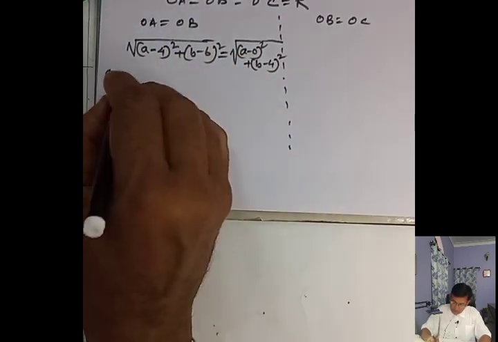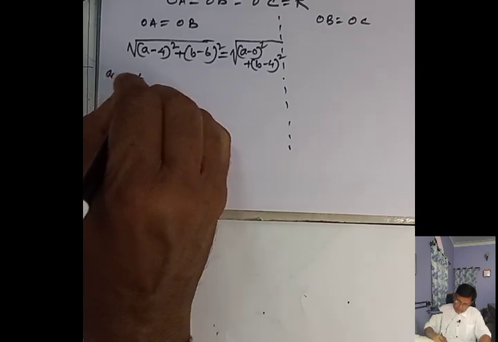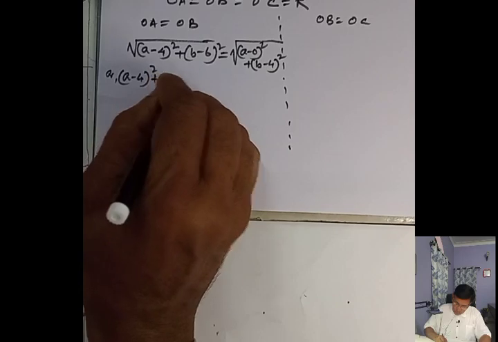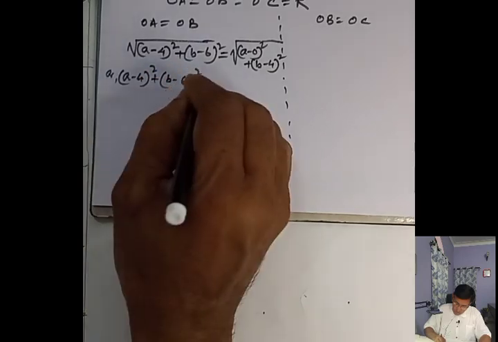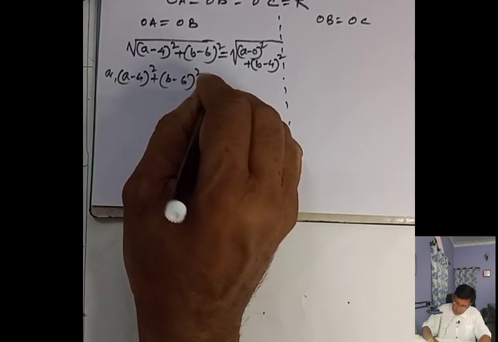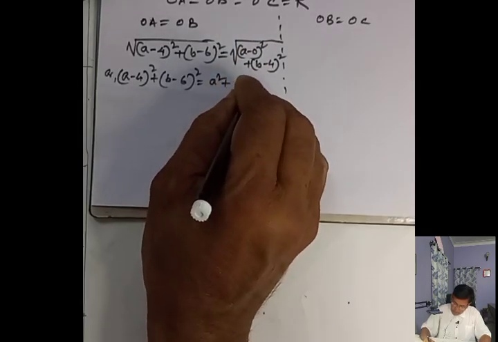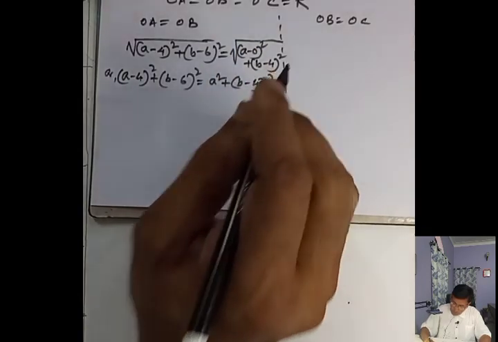Now squaring both sides we will get (a minus 4) square plus (b minus 6) square is equal to a square, that is (a minus 0) means a square, plus (b minus 4) square.